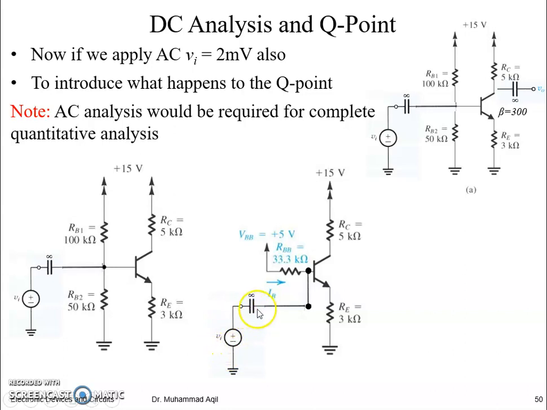So the input AC signal being injected is actually energizing this loop with the AC signal. After applying this AC signal along with the DC signal, we would have AC quantities as well besides the DC quantities, and the transistor and the amplifier will work for the total of this DC and AC quantities.